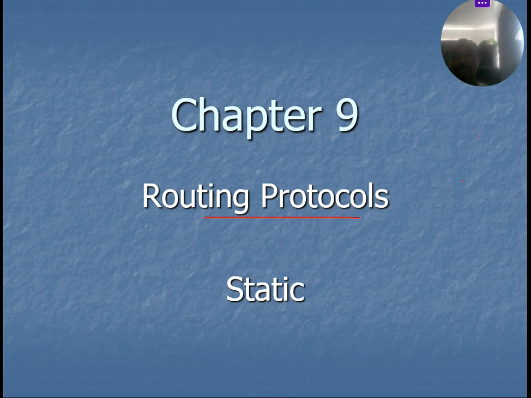The network administrator will enter details into the routing table. A good example: static routes are created in global configuration mode. So when we are creating a static route, we create it in global configuration mode.